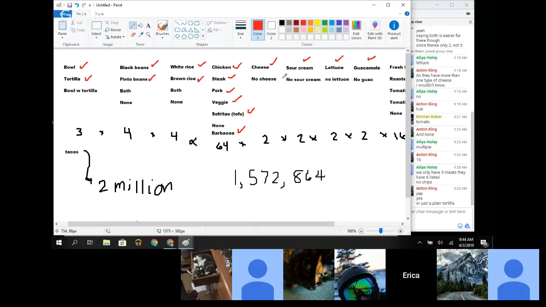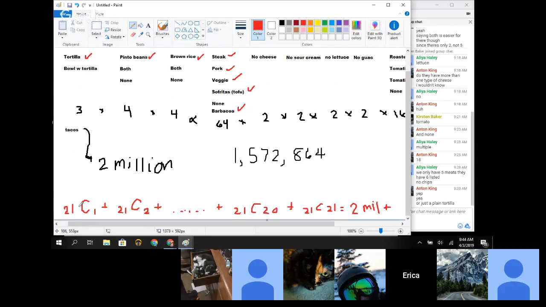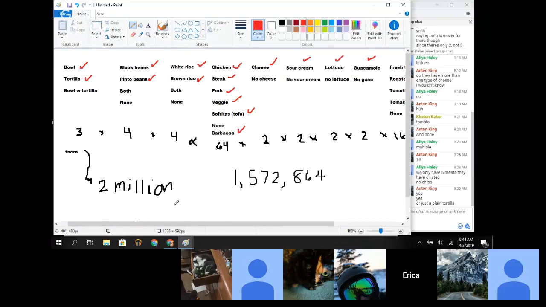Like, we got 1.5 million combinations, but we assumed that you at least had to have two flavors. We took out that just one counted. Or, we assume that in order to have a flavor combination, you have to have three.